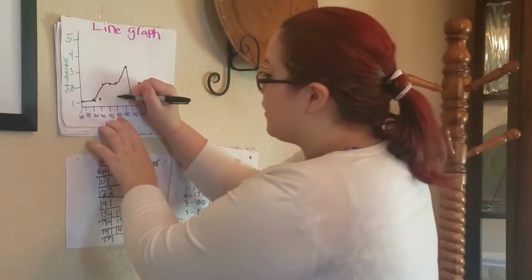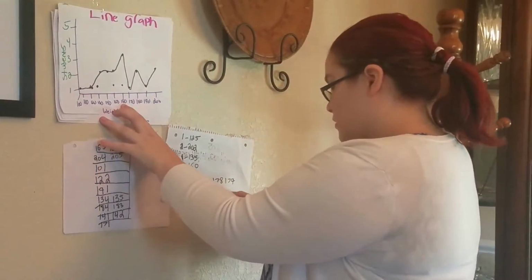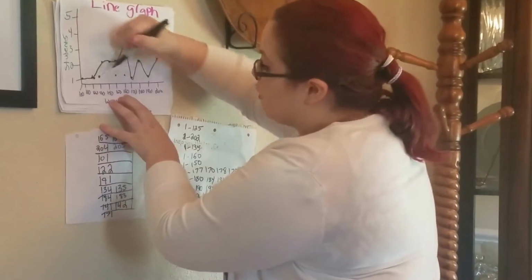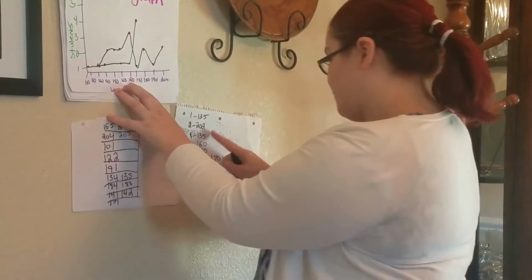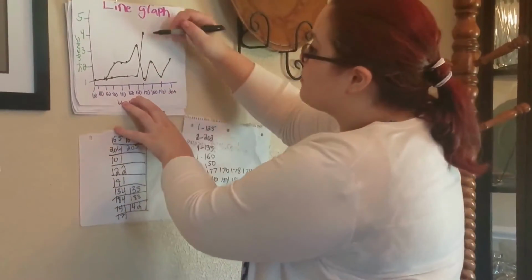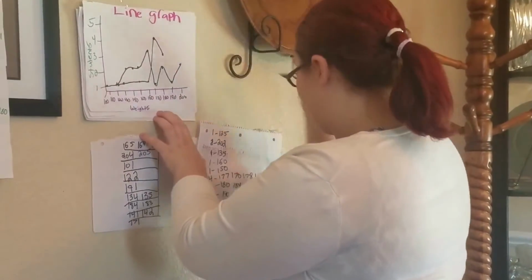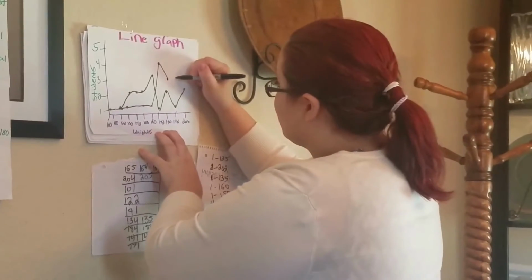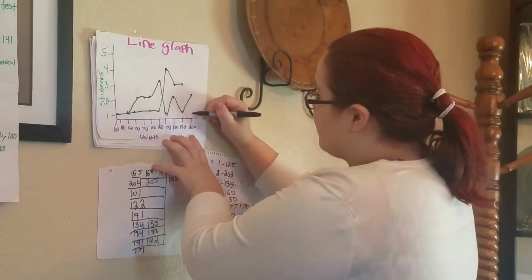We have 150, 160, and then our 170s jumps up to 4. I'm going to go ahead and start making the line. 180 goes back down to 3, so we're going to take our 3. And then 190 is still 3. And then 200 jumps all the way back down to 1.